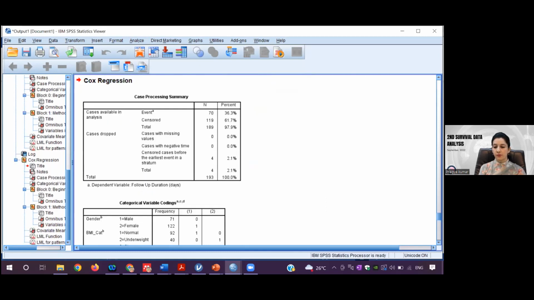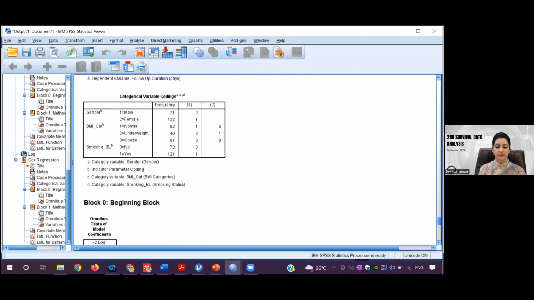If I press OK, then this comes. This gives you the coding also. You can see here that if you have forgotten the coding, in my coding it was 1 and 2, but it has coded it as 0 and 1. On SPSS by default, it takes whatever comes, it has taken male as 0 and female as 1.